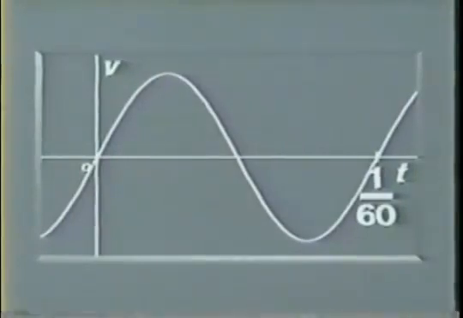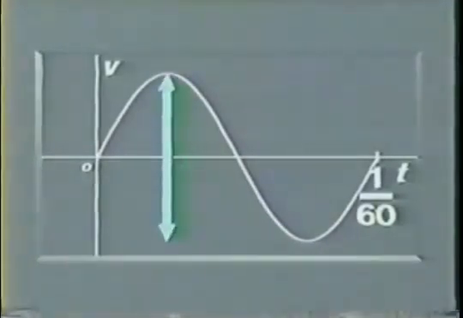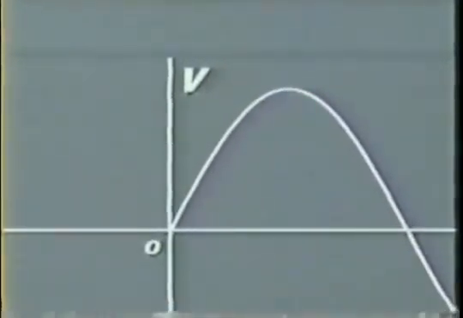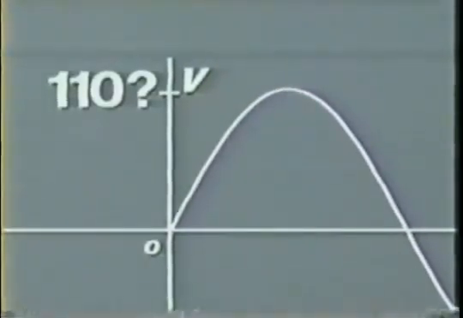Let's look at one cycle. We want to find the equation for household voltage, so we need the amplitude, half this distance. We know this should be 110 volts, but looking at the first half of the cycle, the voltage changes from 0 to some peak value and back to 0.